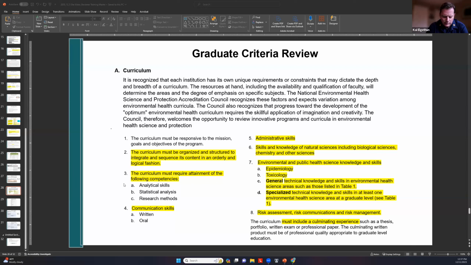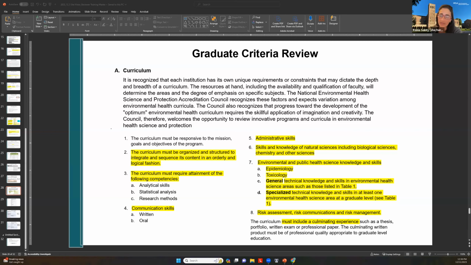Leslie, do you have any comments about the undergraduate requirements around biology, chemistry, and then the other sciences? We stress physics and the organic chemistry and that kind of stuff. So I think making sure that the basics are prerequisites for or taken during the graduate program is what they're looking at.